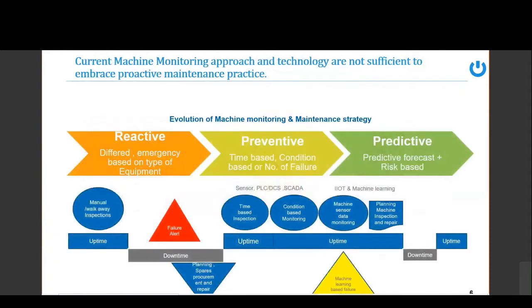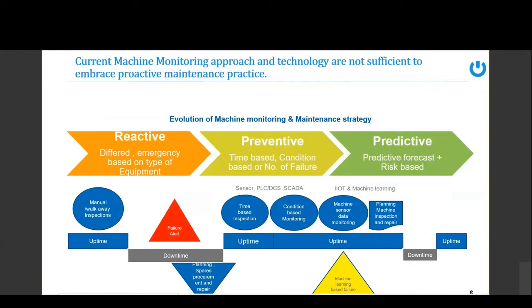So now, if you see the journey of maintenance in any industry, we started with reactive maintenance, then a couple of years after, we invested in preventive maintenance. In fact, many of you might also have invested in PLC and SCADA systems to monitor equipment and processes.